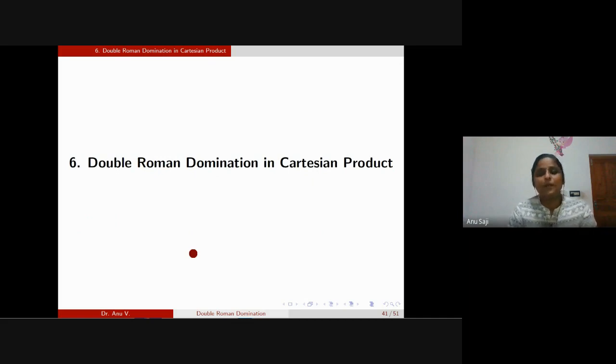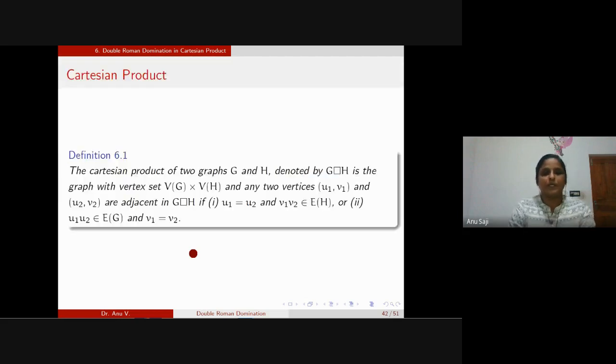Now, double Roman domination in the Cartesian product. Let me define the Cartesian product of two graphs. It is denoted by G □ H. The vertex set of G □ H is the Cartesian product of the vertex sets of G and H. Two vertices (u1, v1) and (u2, v2) are adjacent in G □ H if the first coordinates are equal and the second coordinates are adjacent in H, or the first coordinates are adjacent in G and the second coordinates are equal in H. Okay.